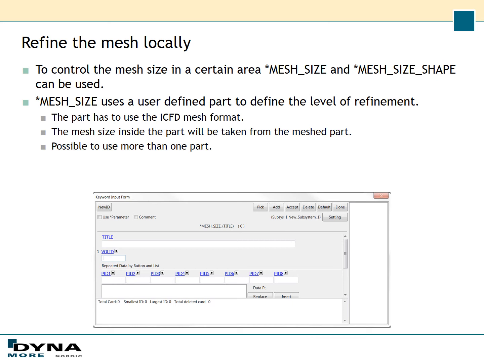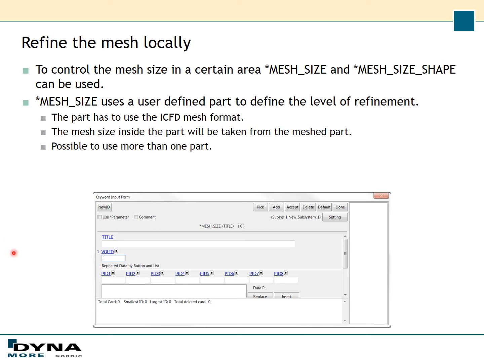With mesh size, you use a user-defined part to define the level of refinement, and the part has to have a mesh in an ICFD mesh format, and inside that part the solver will use the mesh size that is generated on that part. And it's possible to use more than one part in a simulation.